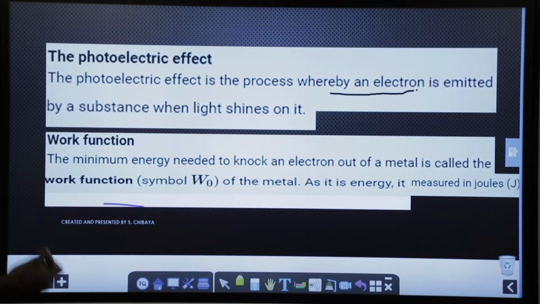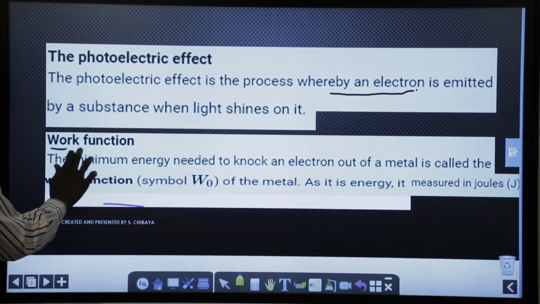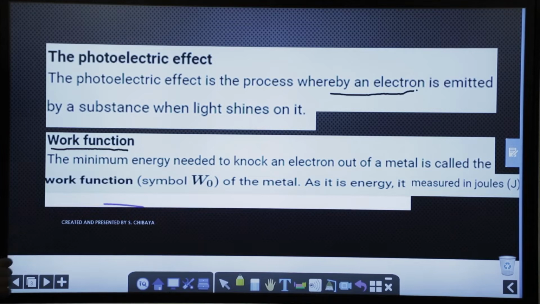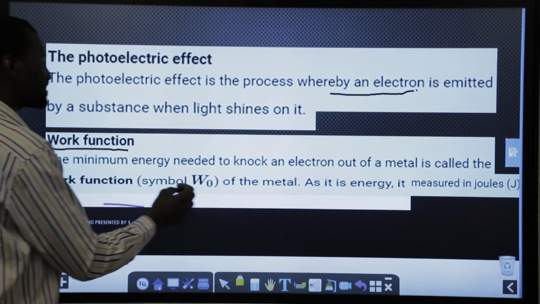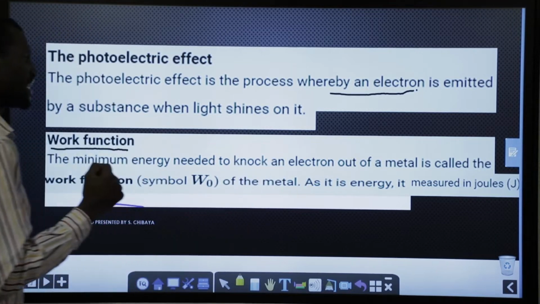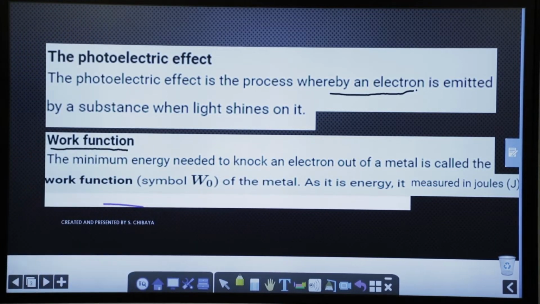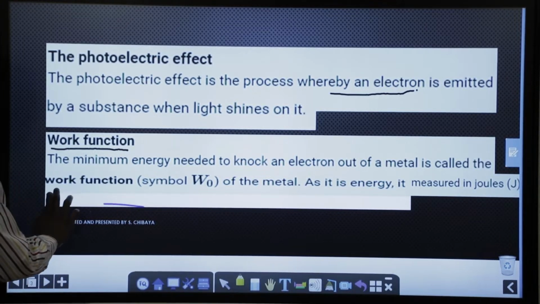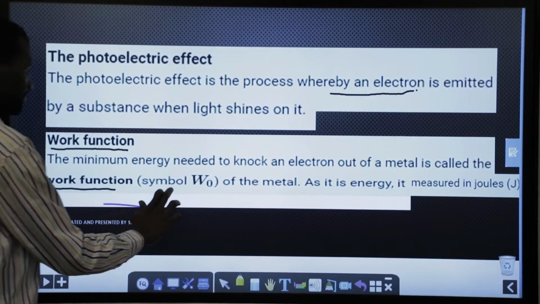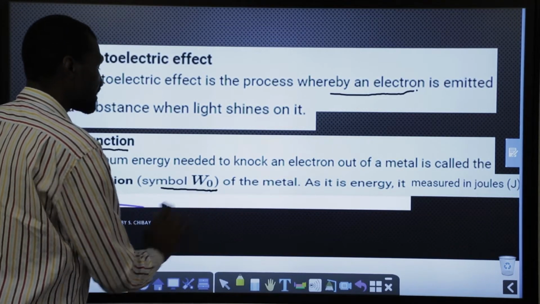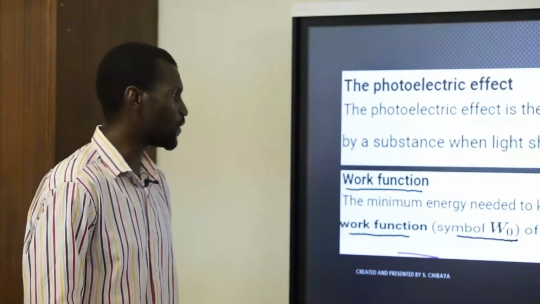We have to talk about the work function before we go further. There is a minimum energy required to knock an electron out of a metal. This minimum energy is called the work function, given the symbol W0.